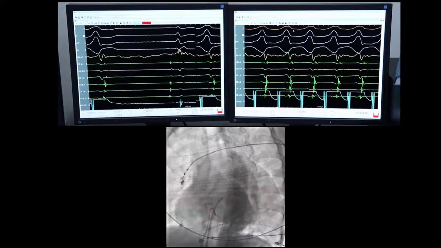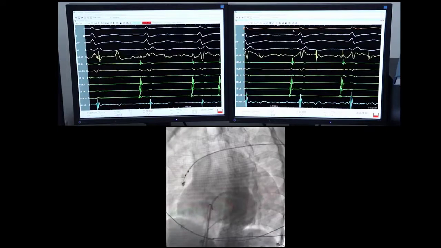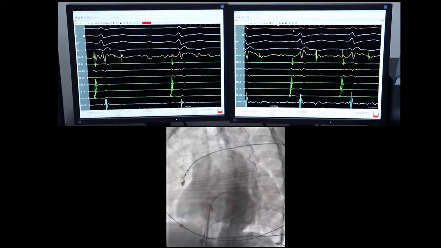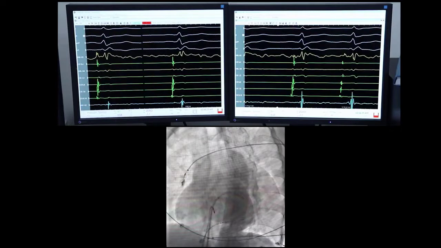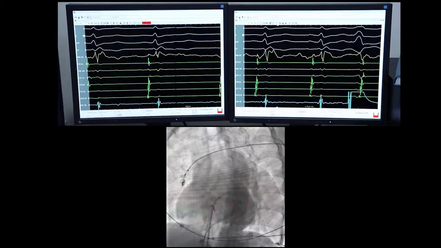As we can see now, the retrograde conduction during ventricular pacing was via the AV node. There was no further conduction via the accessory pathway.